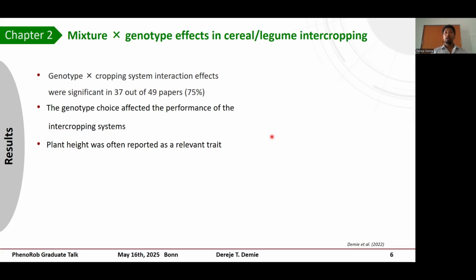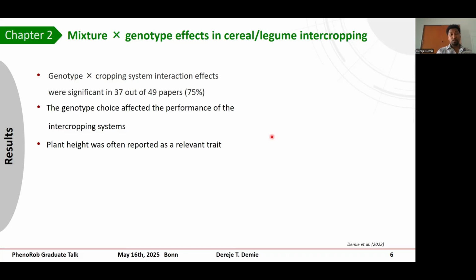That means a genotype which is good or best in intercrops may not be the best in monoculture, or those genotypes which are good for monoculture are not necessarily good for intercropping. That means we need specific genotypes for intercropping, or we need specific plant traits to enhance land use efficiency in the intercropping system.